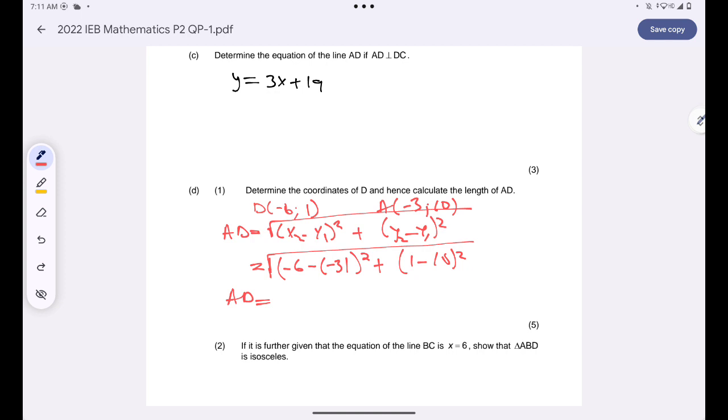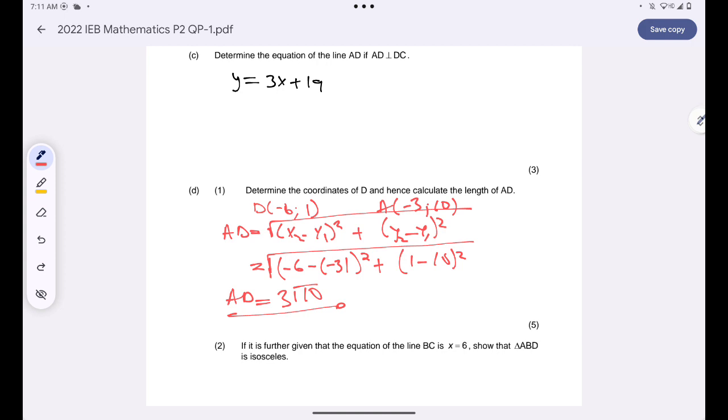Then AD will be, let me just punch it into a calculator, -6 plus 1 minus 10 all squared. This will give me 3 root 10 as the length of AD. Yeah? Okay.